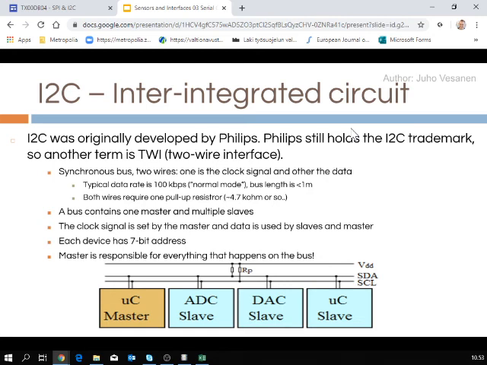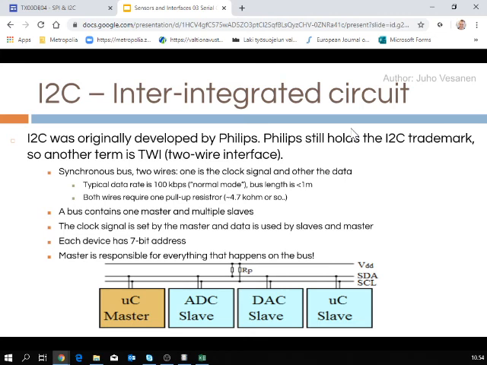The thing is that in the 70s, Philips was equal to bad quality, low price in consumer products. That was in Europe. Since then, people have been just joking, whatever comes from Philips doesn't do anything. But anyways, Philips made this I2C bus.